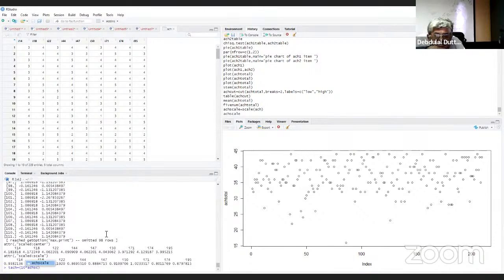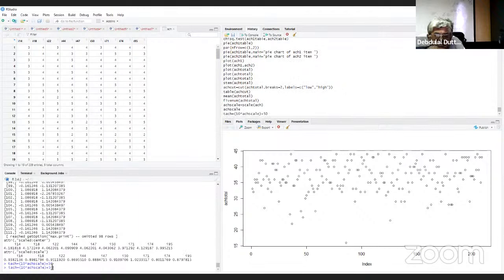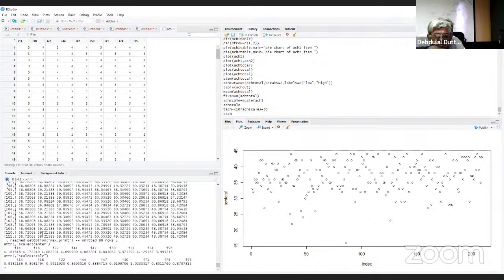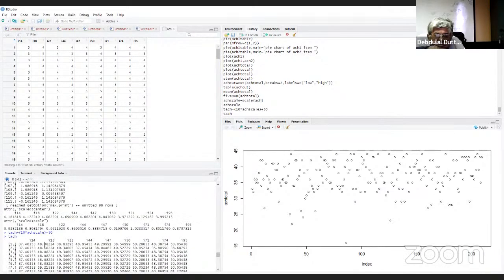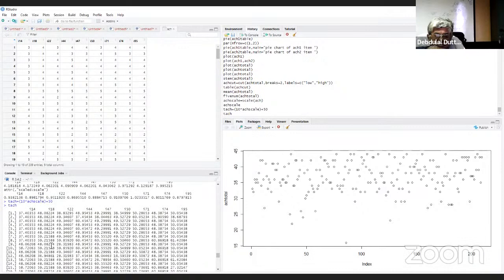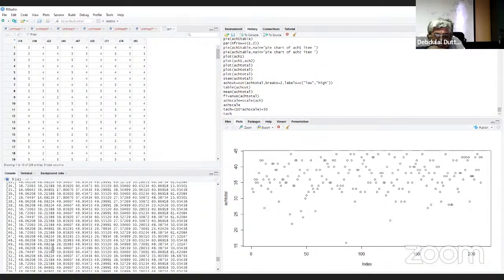This vector has my standard score. So I'm writing that plus 50. Now, if you see, you will get the T-scores. See, the conversion has been done and there are no negative points. Everything has come into positive. Okay, the minuses are gone.